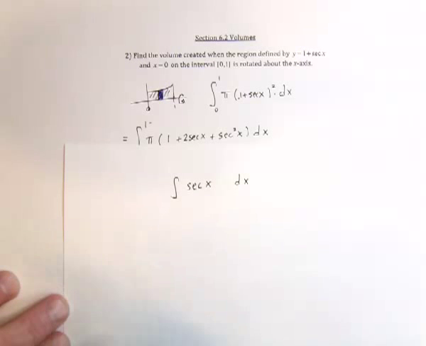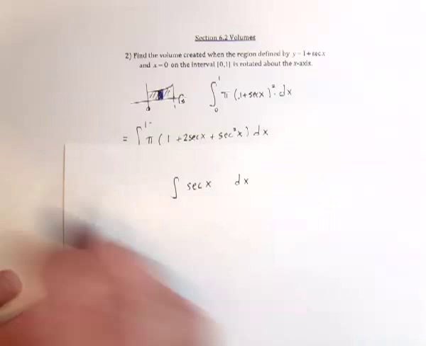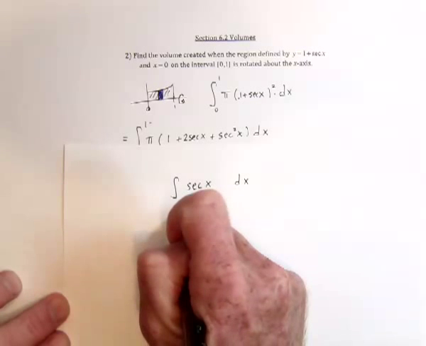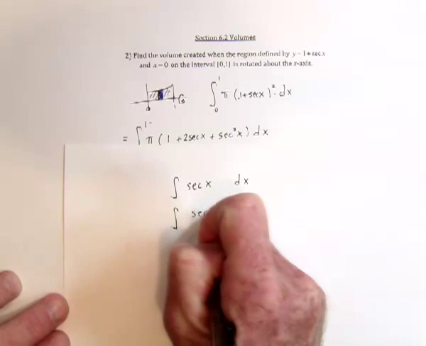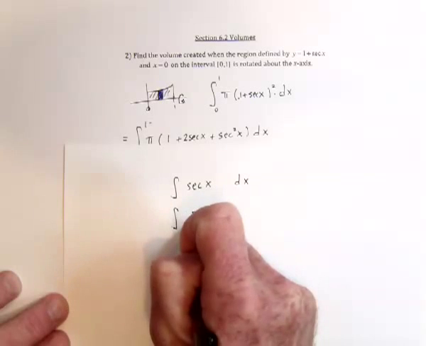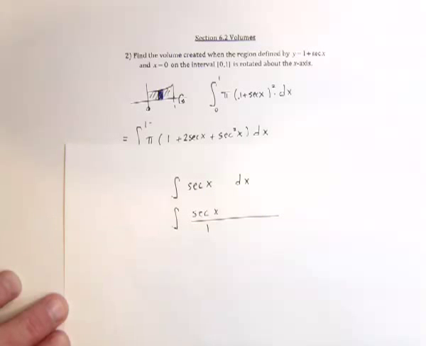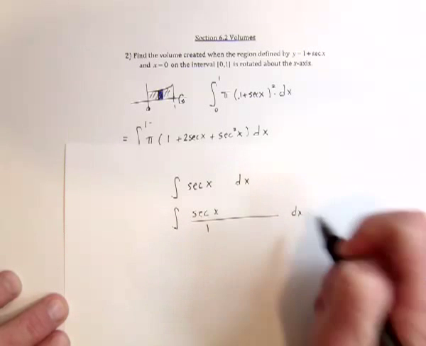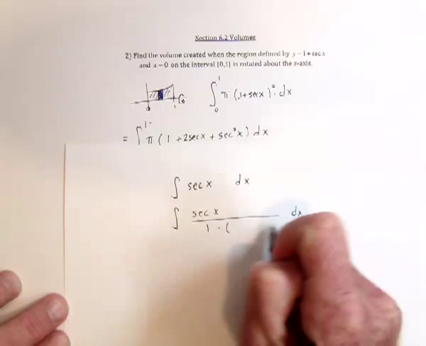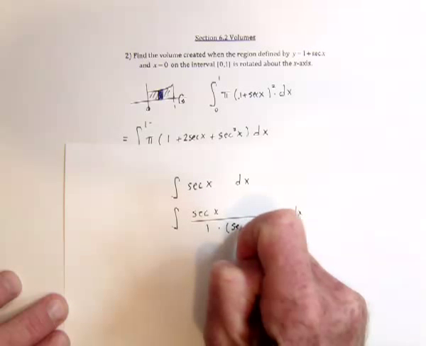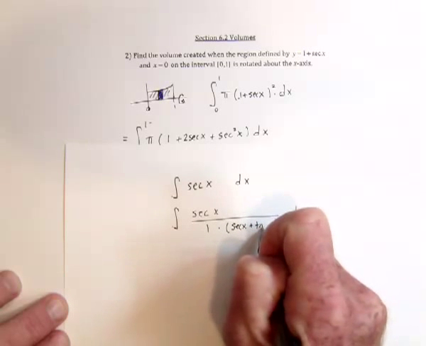If you take this and view it as a fraction, then multiply the numerator and the denominator by secant of x plus tangent of x.